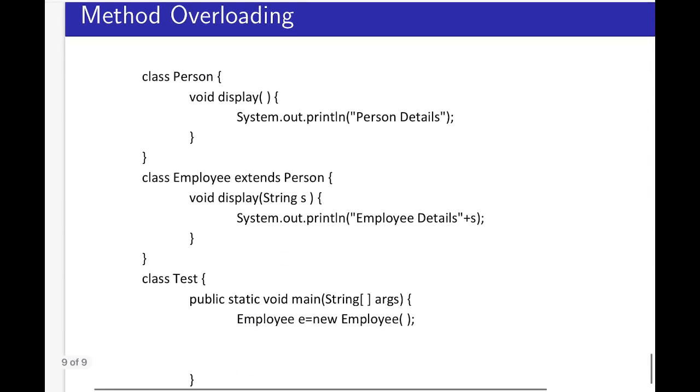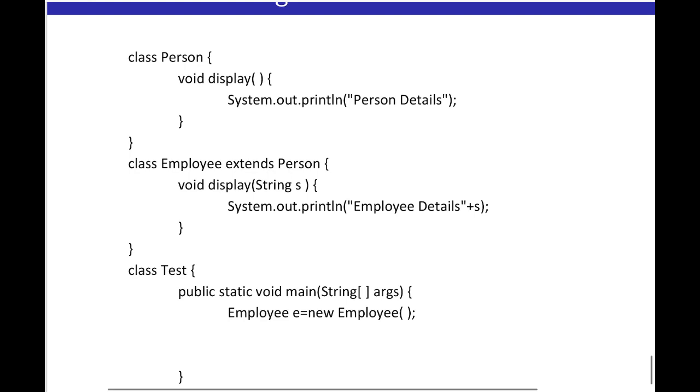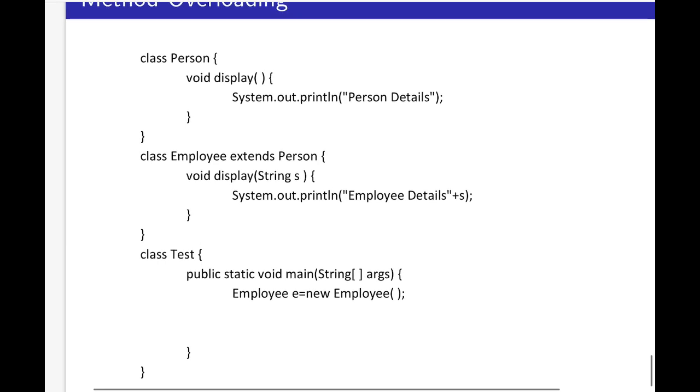Now consider this one. This program is similar to the previous one. The only change is in this statement: void display(String s), and here we are printing employee details plus s. Here you can observe the name of the method is display, and here it is taking one string parameter, and here the parameter list is empty. That means although the name is same, the parameter list is different.